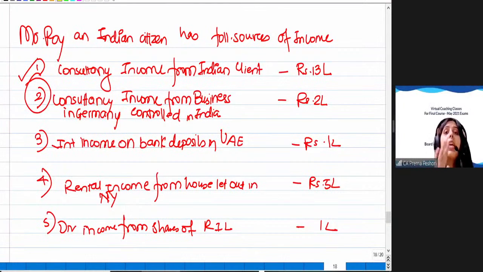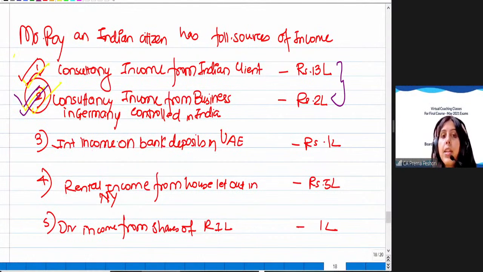It says income which is accruing or arising outside India, income which is not deemed to accrue or arise in India, but it will include income from a business controlled or profession set up in India. Right? Remember? So this will also get included. So this makes it 15 lakh.